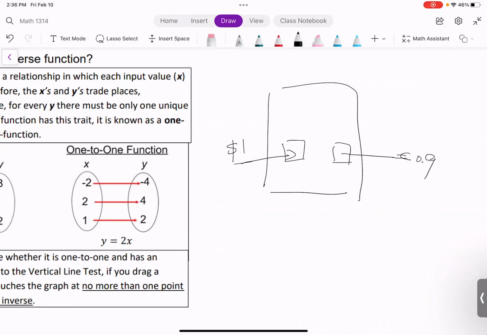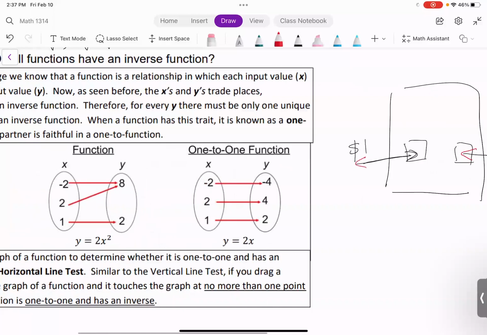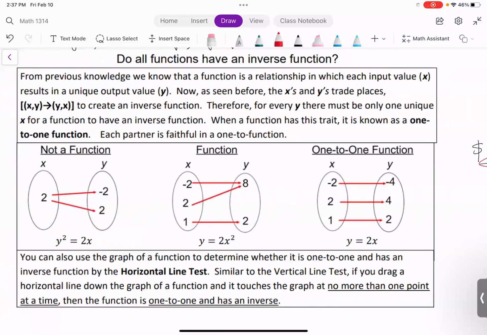You cannot say I put in $1 and then it gave me 2 euro or half a euro. That's not fair. Every time you have one unique input, you must have a unique output. And the opposite way, if I input 0.9 euro, I must have a unique output, that's $1, one US dollar. That means x and y must be one-to-one, or the function is a one-to-one function. One unique x to one unique y, one unique y to one unique x.